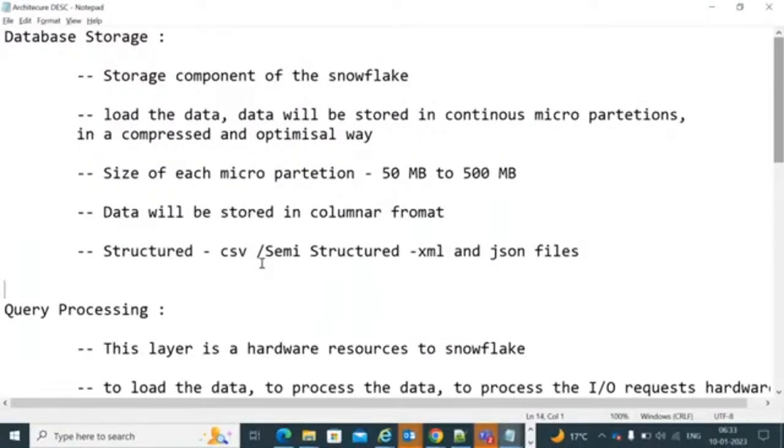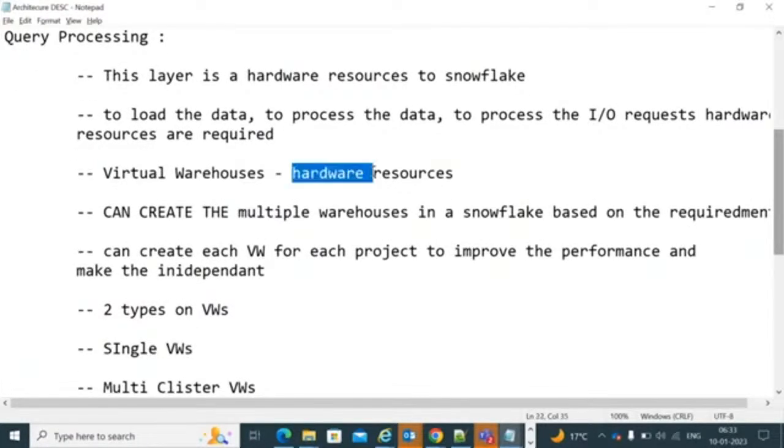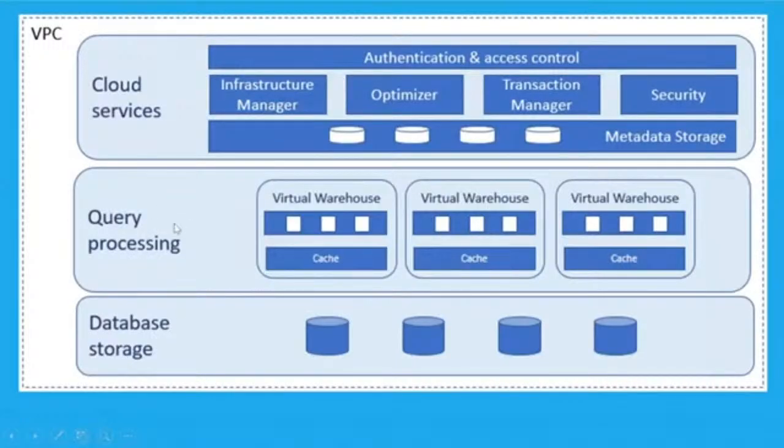See here, virtual warehouses or hardware resources can be created multiple times, right? Till here you are clear? I will tell you. This query processing layer is the virtual warehouse, which is a compute layer, and these are hardware resources for your Snowflake. It is required to process all your requests in your Snowflake.